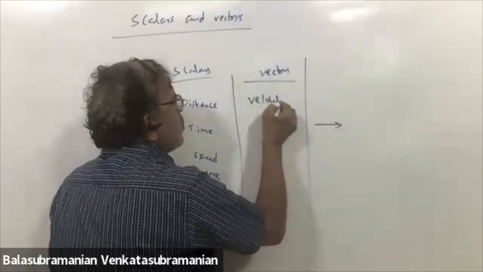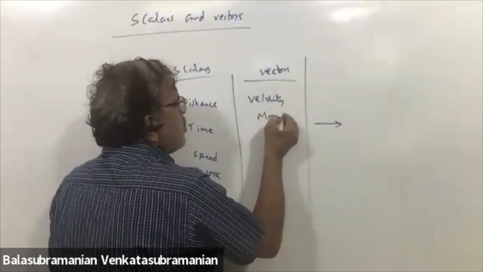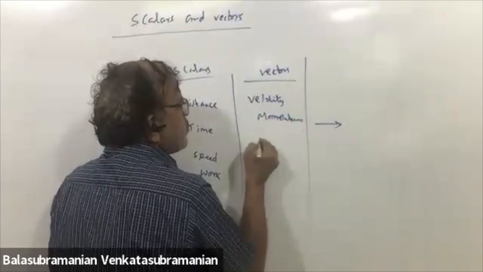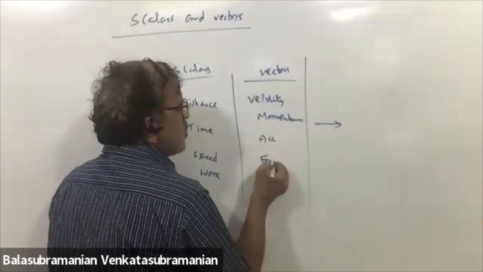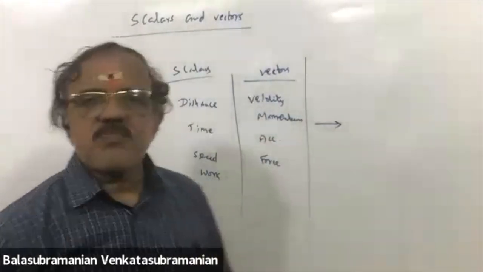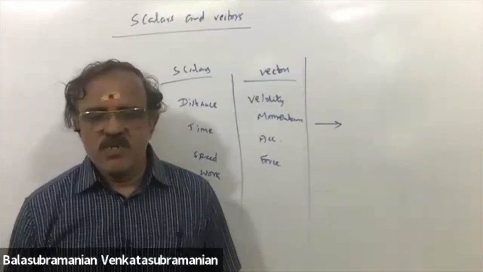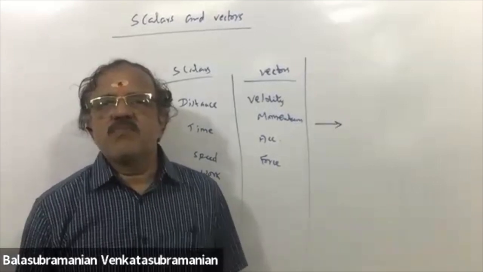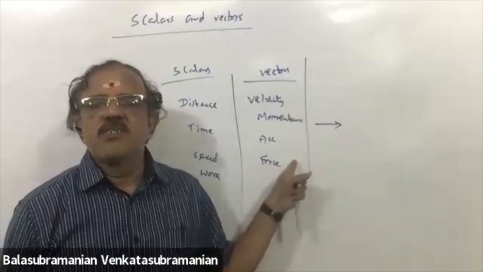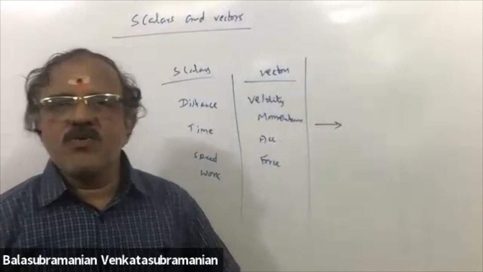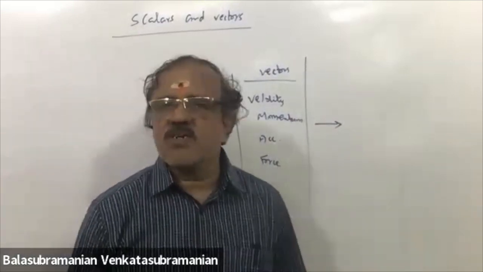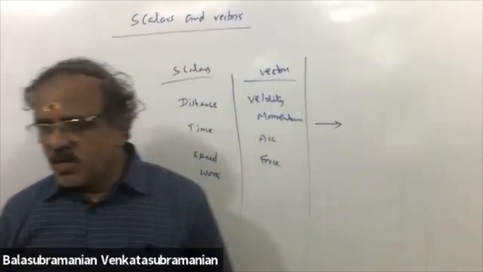Velocity, momentum, acceleration, force, etc. All these things depend on direction. So we can say these quantities possess both magnitude and direction, called vectors. Fine.